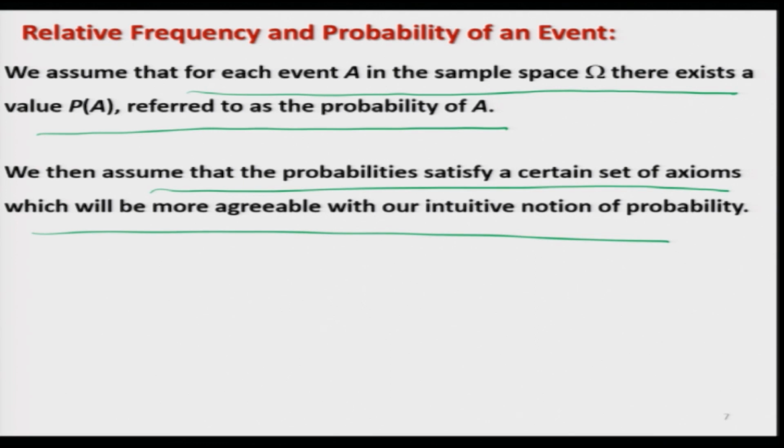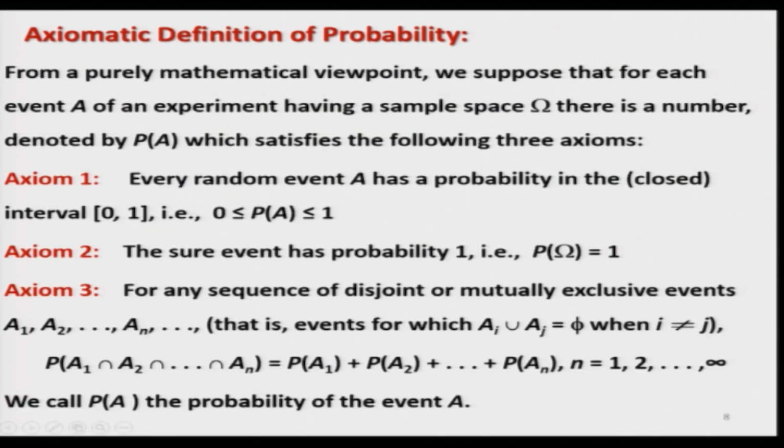Up to now, we believed that as we increase the number of repetitions, our probability is getting better and better. But the true probability is unknown to us; we are simply assuming that it is getting better and better. So, why not make some axioms? Now we present the axiomatic definitions of probability.